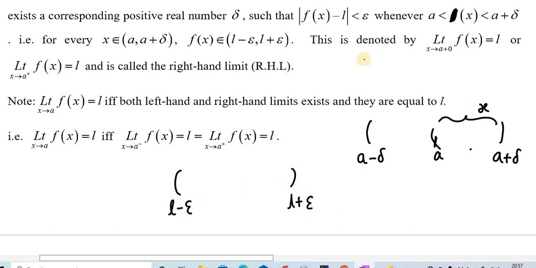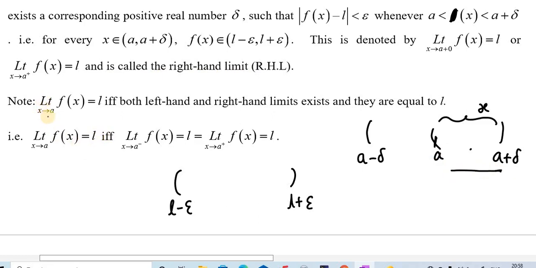plus epsilon. This is denoted by limit x tends to a plus 0, f of x equal to L, or limit x tends to a plus, f of x equal to L, and is called the right hand limit because this is right side of a.